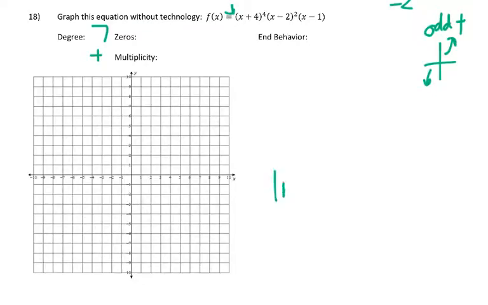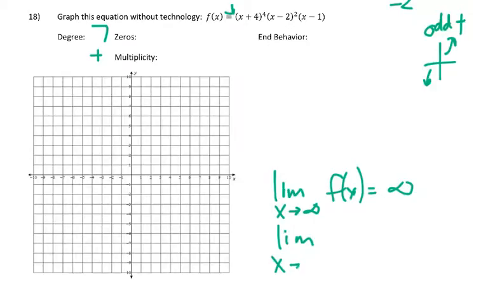So I write the limit as x approaches the right of my function, it's going up. The limit as x approaches the left of my function goes down. Okay, make sure you pay attention and do both of them.